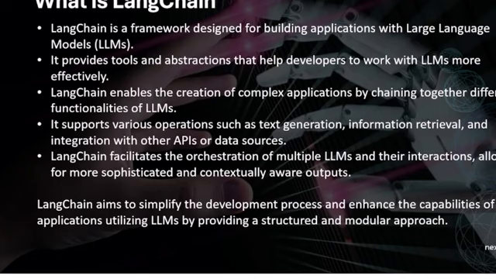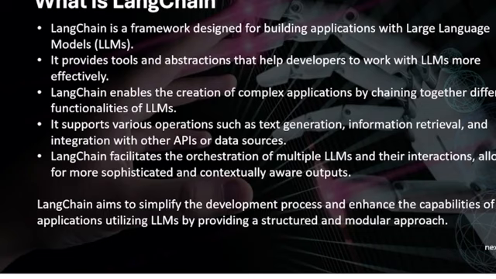What is Langchain? Yes, the third thing is Langchain. We talked about the LLMs, we talked about RAG. Now the third thing is, what is Langchain? Langchain is a framework designed for building applications with large language models. It provides tools and abstractions to help developers work with large language models more effectively.